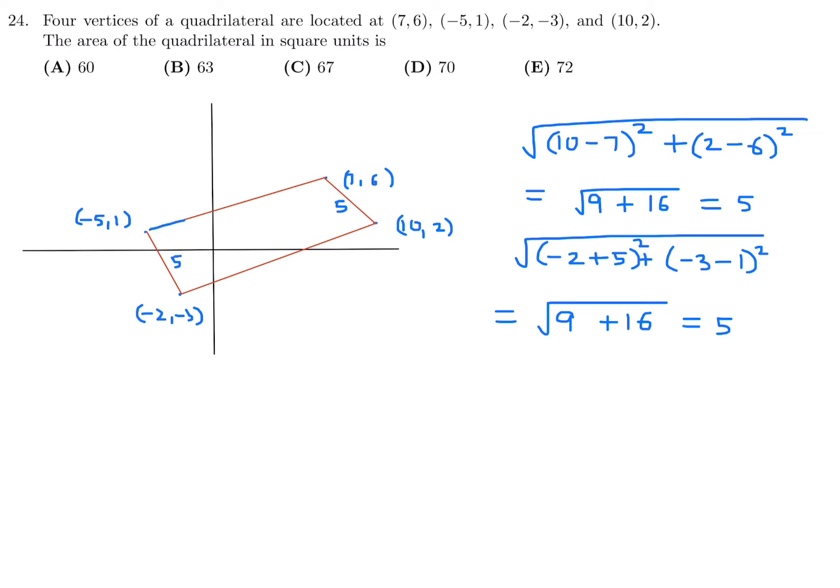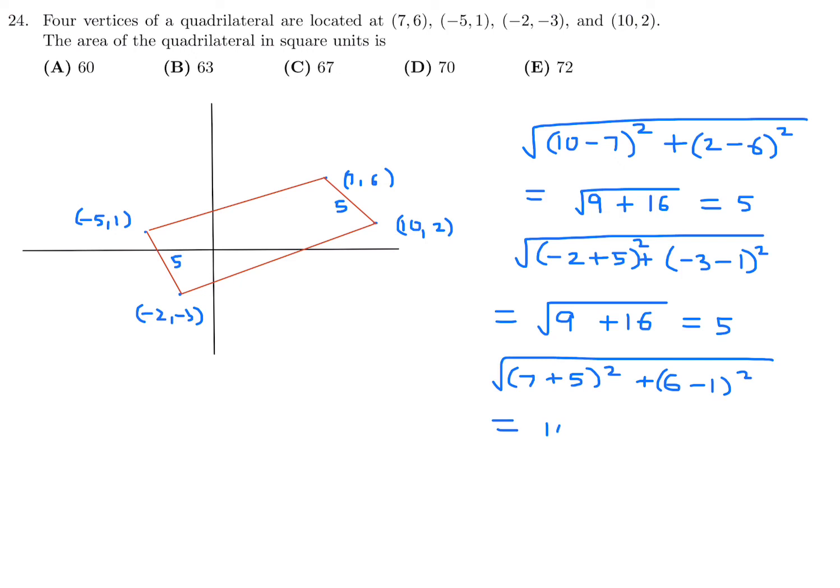So let's now figure out these two sides, those lengths. And that would be 7 minus 1 squared plus 6 plus 5 squared. Sorry, 7 plus 5. Don't make that mistake. And then 6 minus 1 squared.